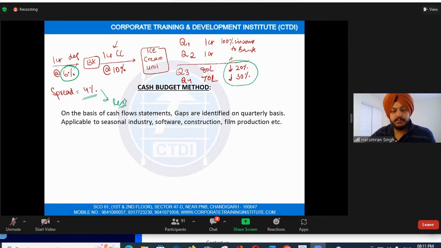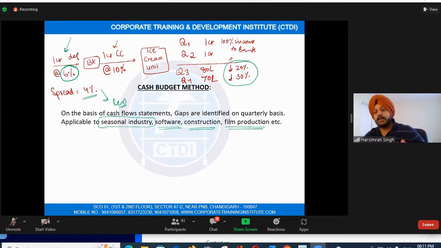So this is the problem in case of seasonal industries, softwares, construction, film production, order-based industries. Now you have given a CC limit to the producer. Till the time he is not having the movie, he is not going to use the CC. But in order to give him the CC, you have already taken the deposit. You have already booked your liability.